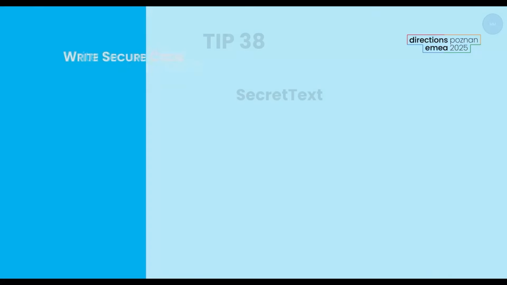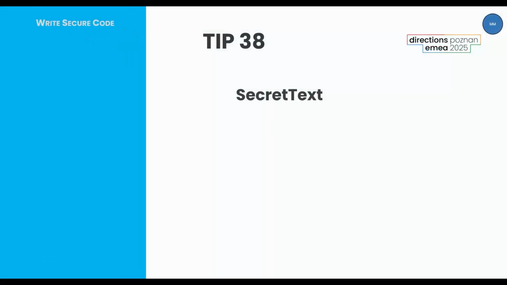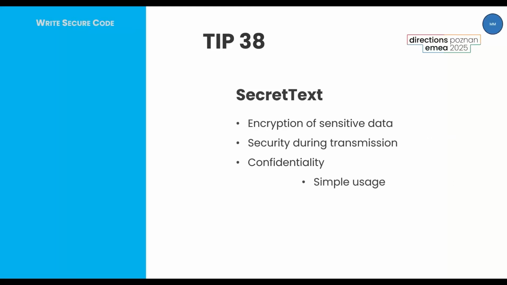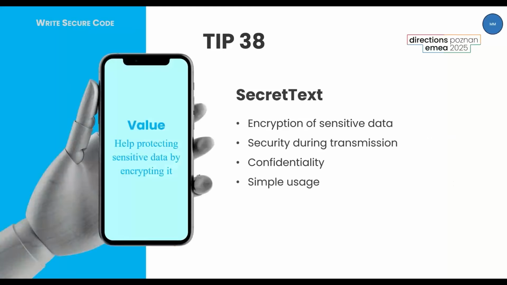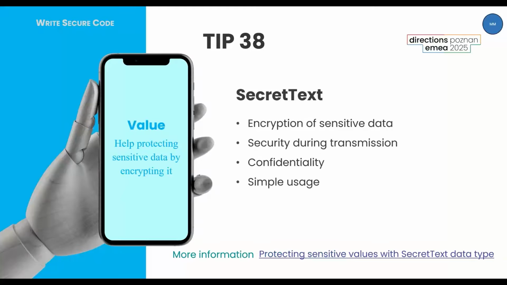Next step, write secure code. This is me, about writing secure code, or it is about using SecretText data type when you are using some secret, when you are using some tokens, or when you are using some secrets in your code. So the idea here is that just with this, you will be able to encrypt sensitive data, and once you are moving it from procedure to procedure, from place to place, it will be encrypted, so no one will be able to see.